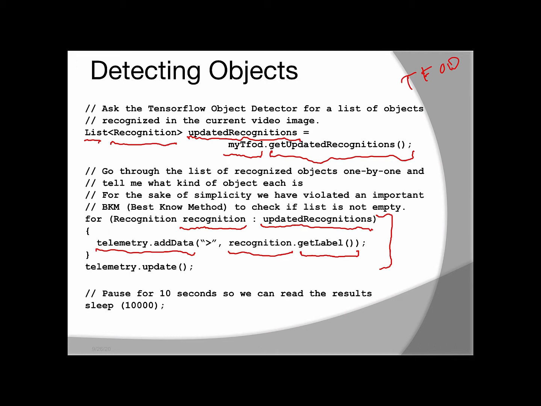So once I've gone through here 5 times, I will have executed that 5 times, once for each object in that list. I'm going to leave that for loop, and then I'm going to pause here for 10 seconds. And the reason I want to pause there for 10 seconds is it will give me time to read the items in that list, and it will tell me if the code is working correctly.